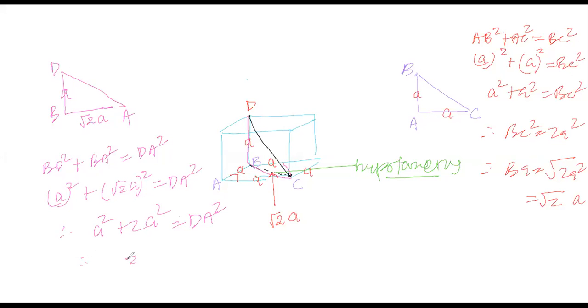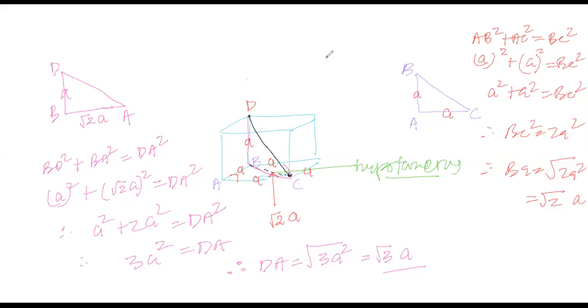That is equal to 3A square is equal to DA square, and therefore, my dear students, DA is equal to square root of 3A square, which is nothing but square root of 3 into A. So this DA, which you find here, is square root of 3 into A.